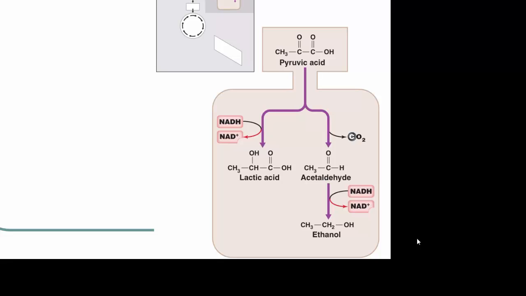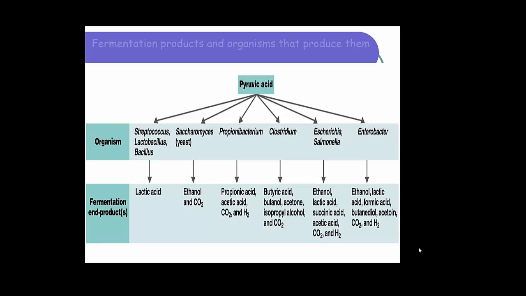The reason is the lactic acid builds up so much in their muscle cells that they finally become so acidic the muscle cells quit working. We also can produce acetaldehyde, which eventually goes to ethanol or alcohol. So the lactic acid and ethanol would be our final electron acceptors.